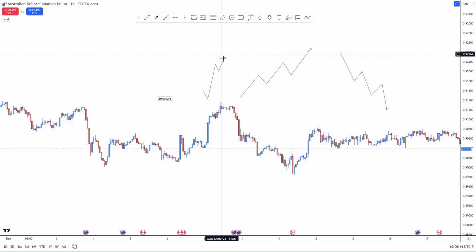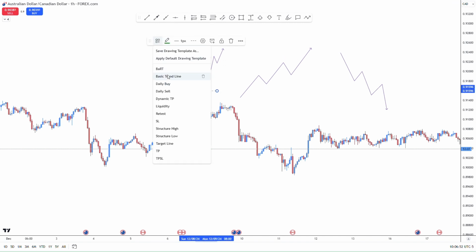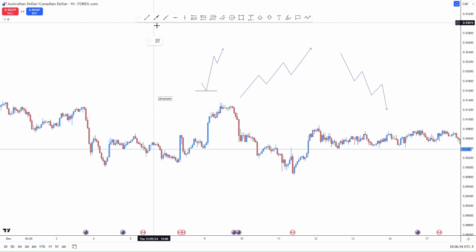Okay? Now, what structure is meant to do is help us find the ranges within the trend.